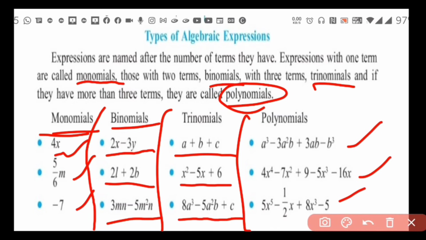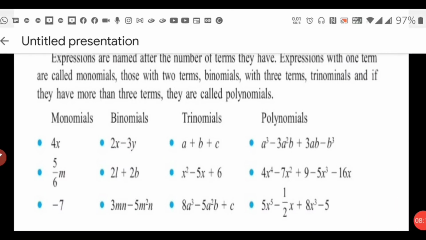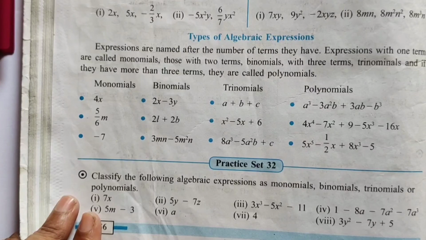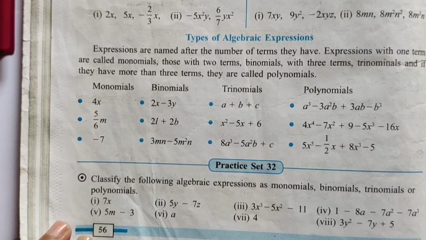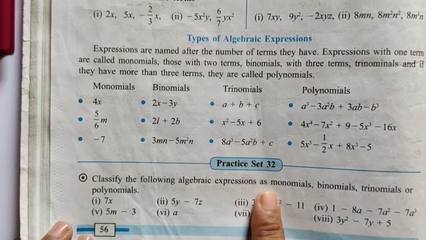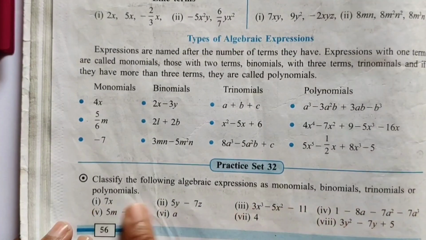So based on this, let us solve practice set 32. Okay children, so let's solve sums from practice set 32. The question is, classify the following algebraic expressions as monomials, binomials, trinomials or polynomials.